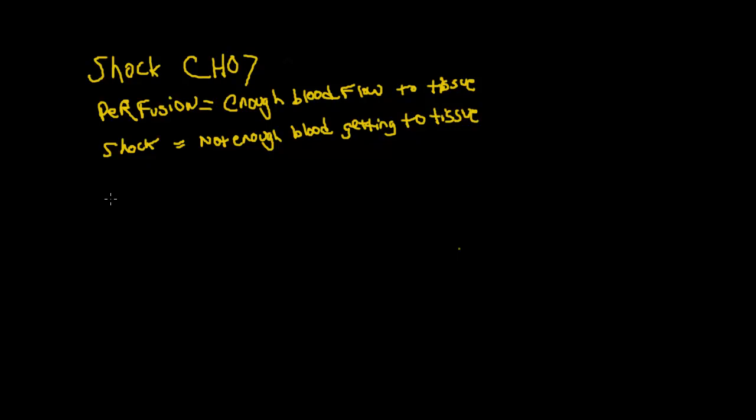First, let's kind of understand how this would happen. I'm going to simplify this a little bit. We have the pump, we have the pipes, we have the fluid. So the pump is going to be the heart. The pipes are going to be the vessels. This includes arteries, veins, and capillaries.